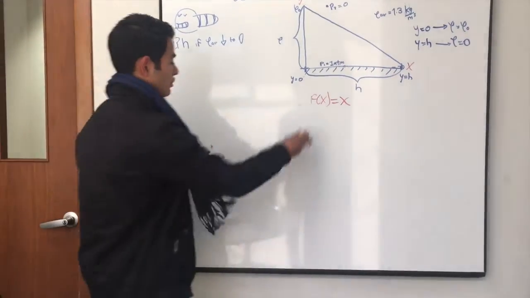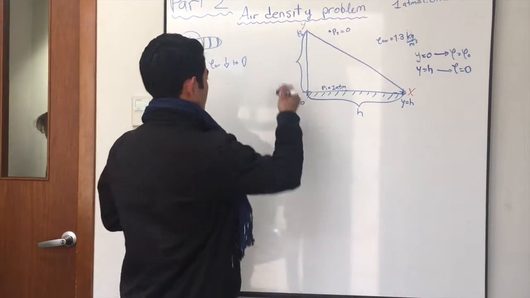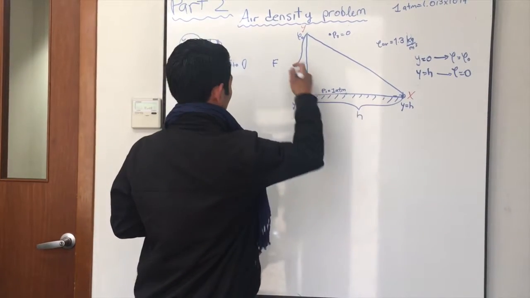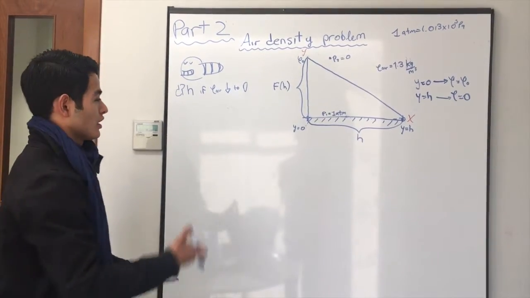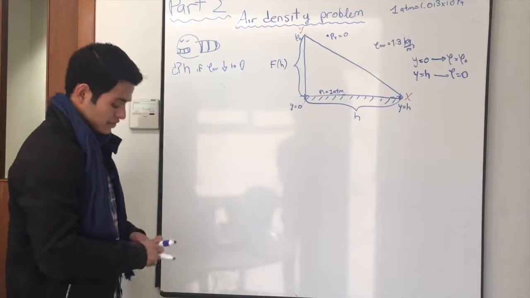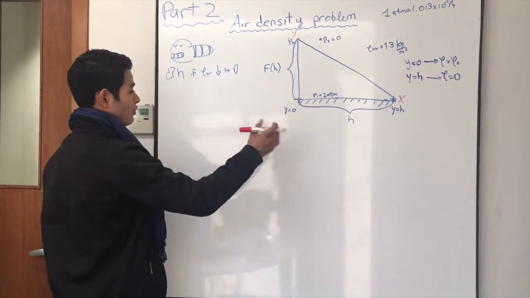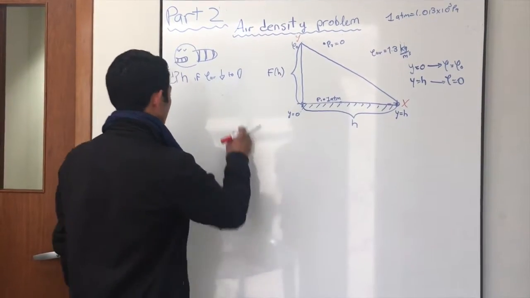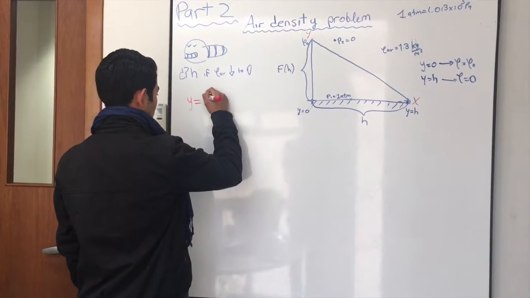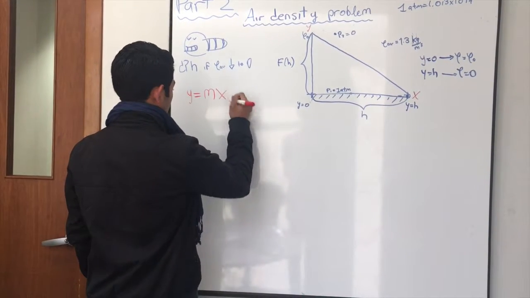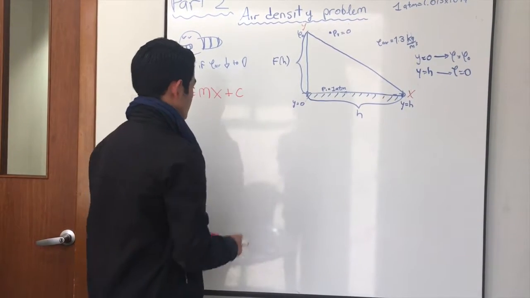So knowing this, now we can say that our density is a function of the height. So now we need to find our equation. Let's remind that the equation for a linear graph is y equals m times x plus a constant.